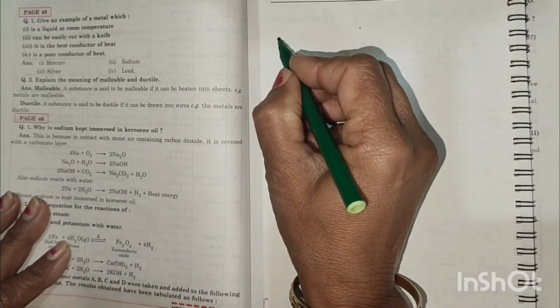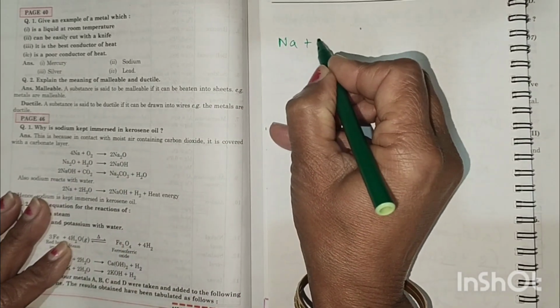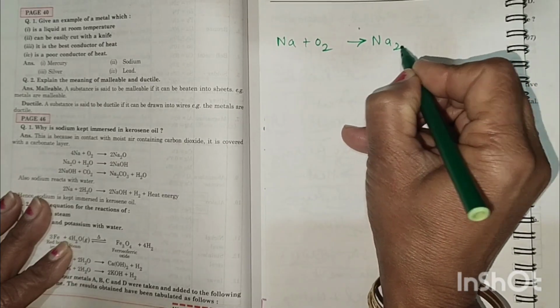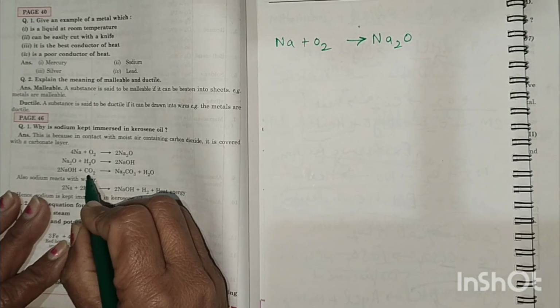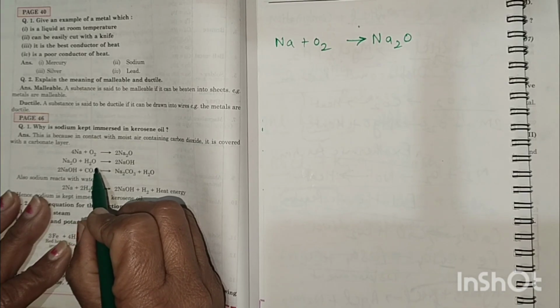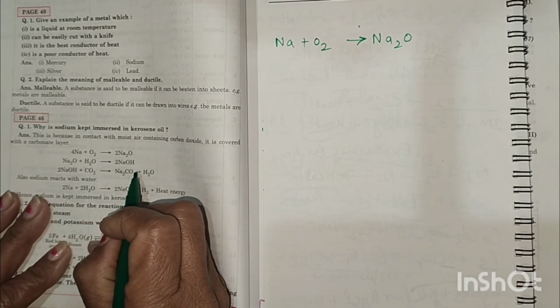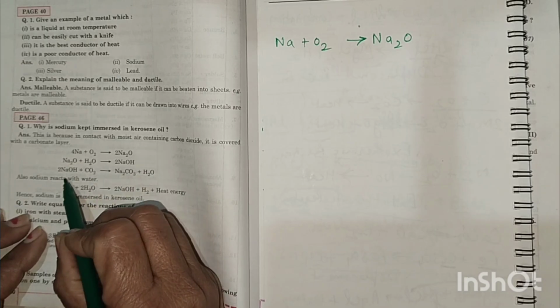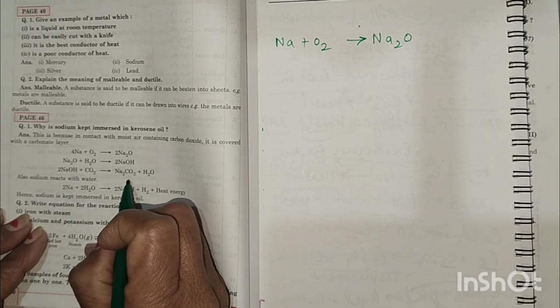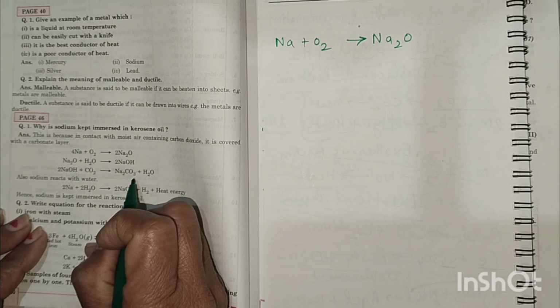Sodium combines with oxygen and burns to form sodium oxide. Then this sodium oxide combines with water or moisture to form sodium hydroxide. And then sodium hydroxide combines with carbon dioxide and forms a sodium carbonate layer.